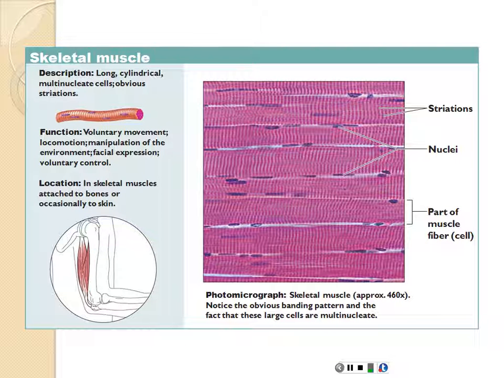So those are individual cells going across, about 8 cells across the page. And as we said, muscle cells are long. Okay, so that is one muscle cell.